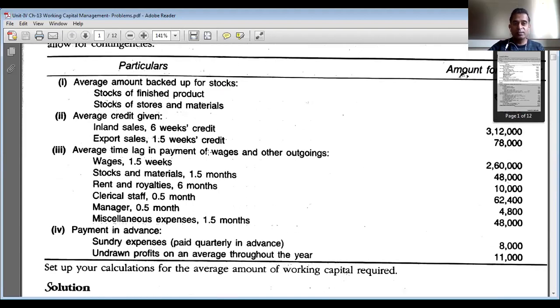But what is given is the total amount, that is 3,12,000 rupees. Inland sales, 6 weeks credit, 3,12,000 rupees. This 3,12,000 is nothing but the budgeted credit sales in units multiplied by cost of sales per unit, equal to this amount. So it is readily given. We have to multiply that by the average debt collection period, which is 6 weeks.